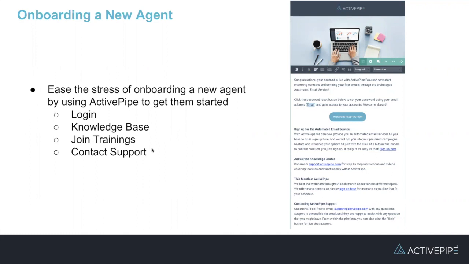Here are some trainings that we have, one that we're on right now this month at ActivePipe. Additionally, some ActivePipe 101 e-webinars. You can add that into your onboarding email internally as well. And you can also add in ways for them to contact support. So when they are having difficulty or something is not working for them on their end, they know exactly where to go right off the bat.